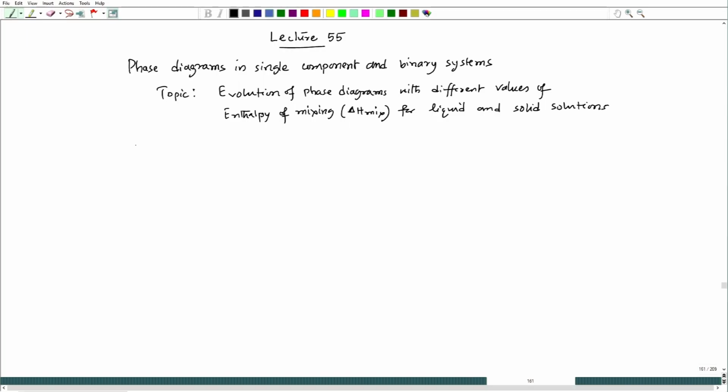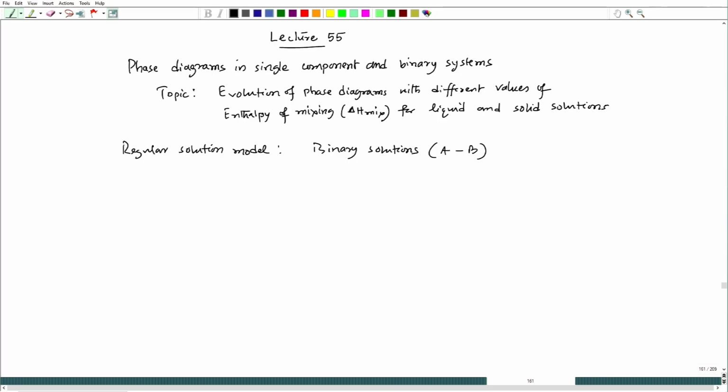So, what we have done till now? We have seen that we are taking a regular solution model for treating non-ideal solutions, and we are making binary solutions with A and B. These are the two pure metals.